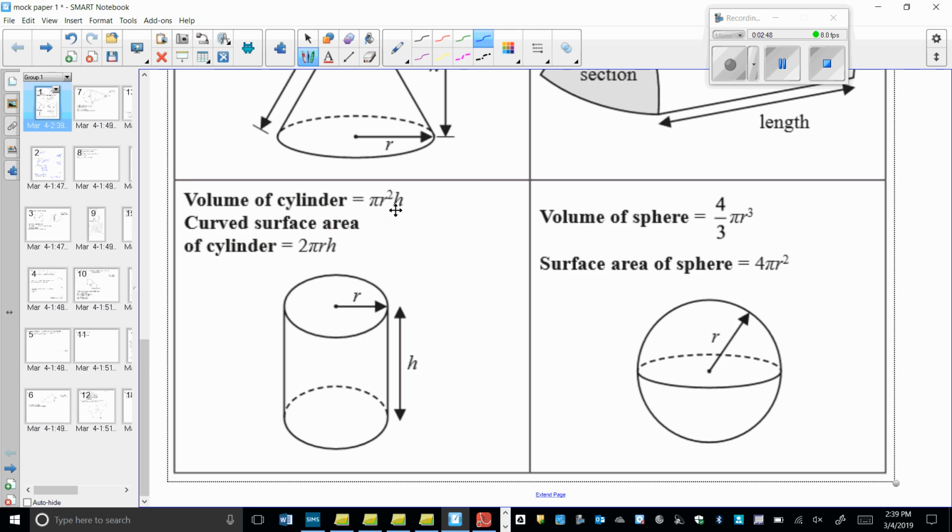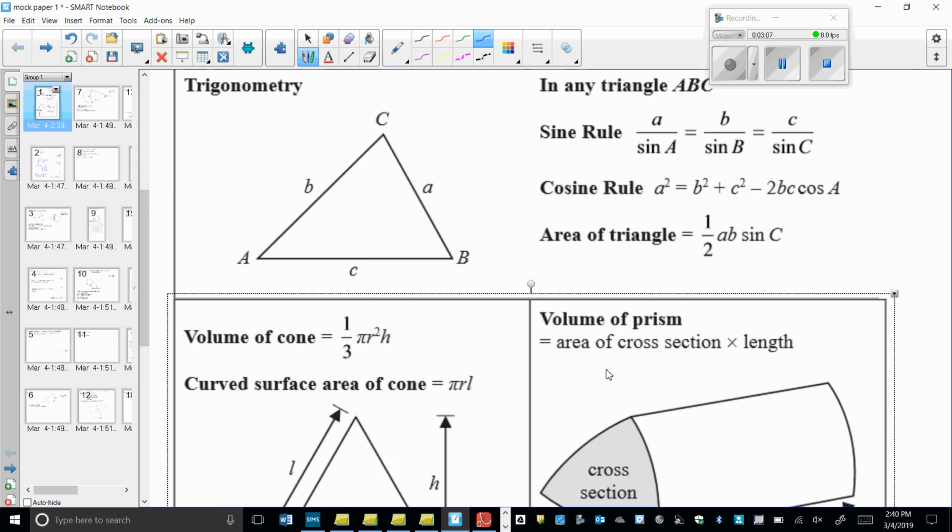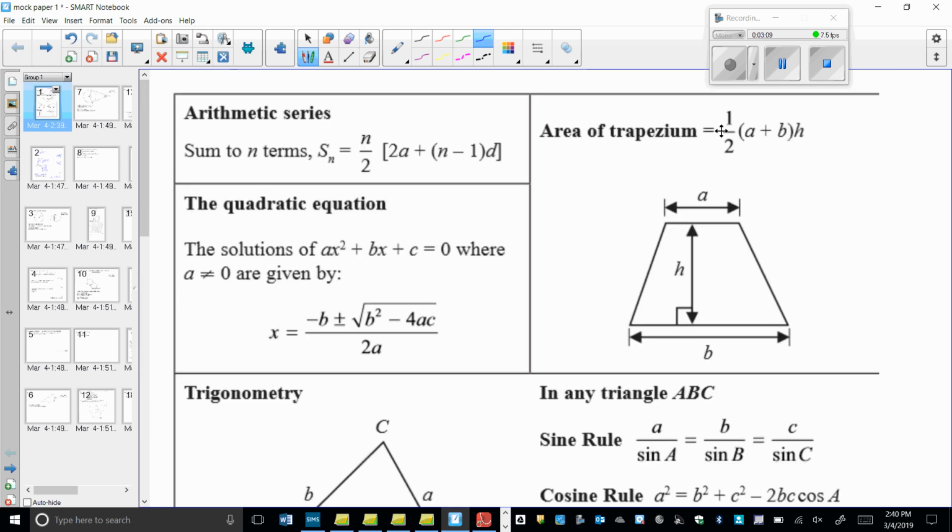So that's pi r squared h. So pi r squared is your area of your circle. In a similar way, the circumference of a circle is 2 pi r. So you have got the formula here, they're just not explicitly stated. The area of a circle is pi r squared, and the area of a trapezium is a half a plus b multiplied by h.